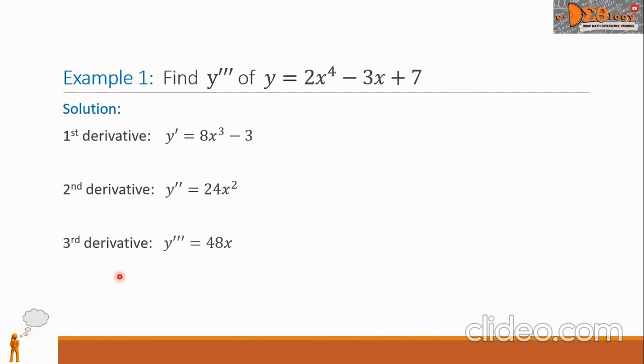For the third derivative, that is y triple prime, is equal to power 2 multiplied by 24, it becomes 48 times x raised to the power 2 minus 1. So we simply put here x. So y triple prime is equal to 48x. This is our final answer.